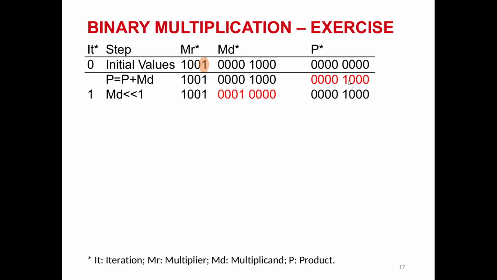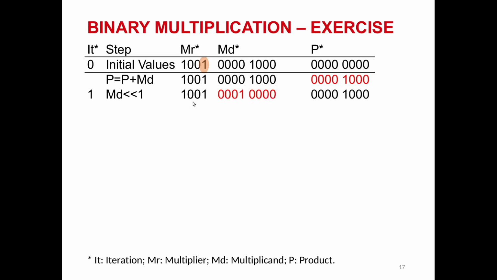Then the multiplicand we need to shift one bit to the left, and so 0 is inserted after this bit, value 1 here shifts to this location, and this value 0 will be removed, and the new value of multiplicand will be 0 0 0 1 0 0 0 0.